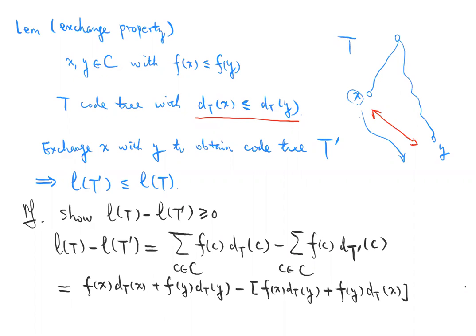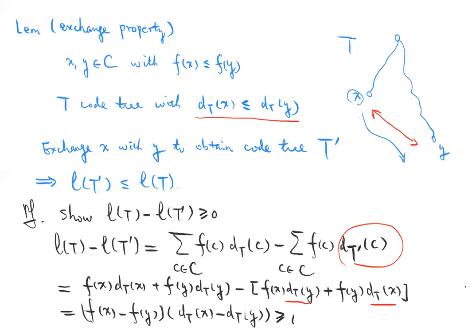All right. So here, dT' of x equals dT of y, and dT' of y equals dT of x. So here they are replaced. That's the only thing. So that can be easily simplified to the following: equals fx minus fy times dTx minus dTy.